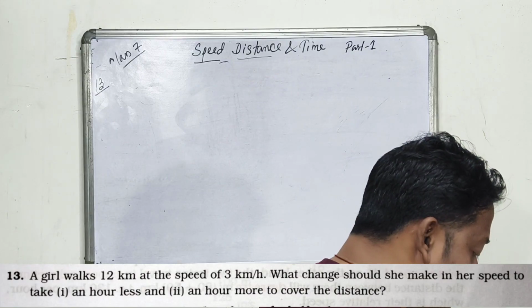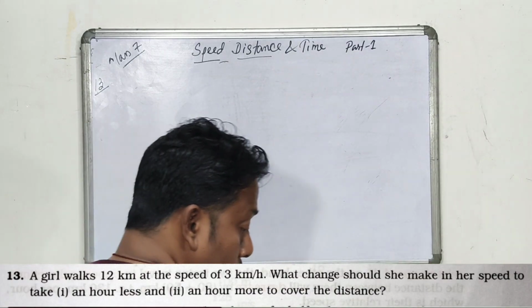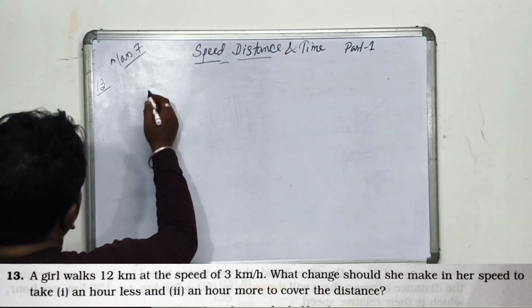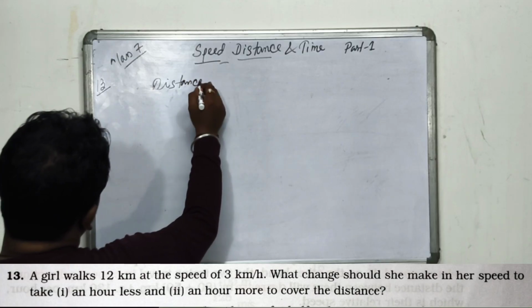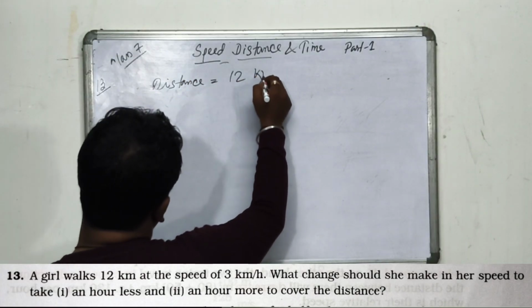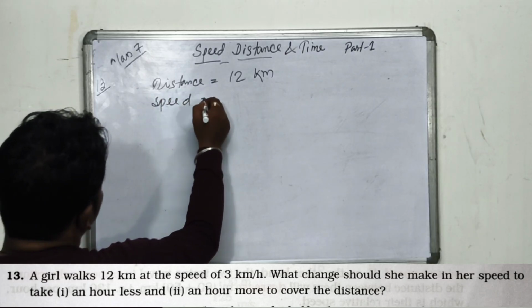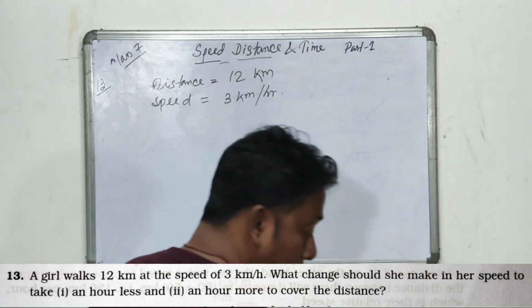Okay, for the girl, the distance is 12 km and the speed is 3 km per hour.